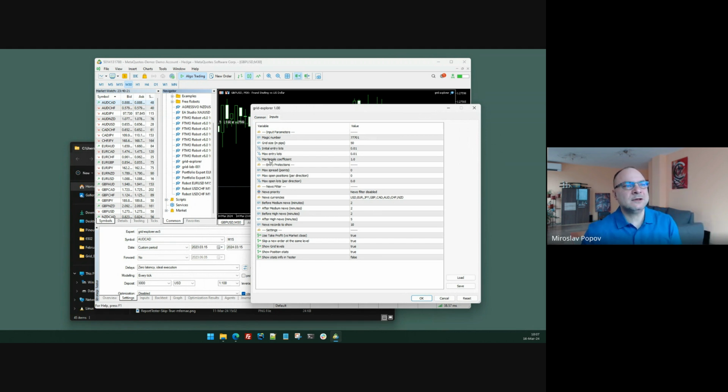And the grid size is the distance between the levels. I decided to be in pips. It can be in points also, but this time I decided to be pips. The second option is the entry lot size. Now I have an entry lot, a maximum entry lot, and Martingale coefficient, because this robot also explores the benefits of Martingale.